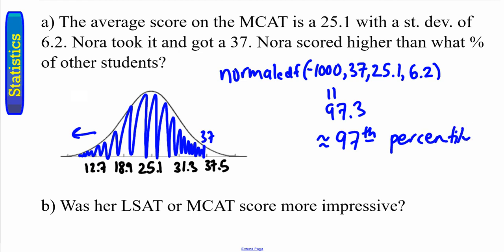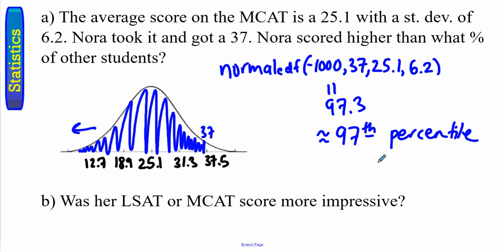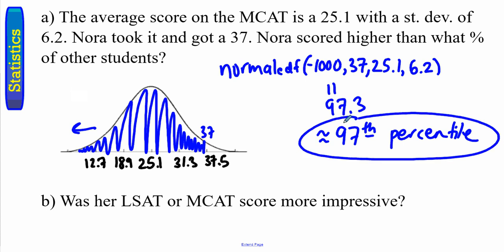Nora is an excellent student. Last question was her LSAT or MCAT score more impressive? Well, if you look, the MCAT, she was in the 97th percentile, and the LSAT, she was in the 98th percentile, so it'd be slightly more impressive, the LSAT score.